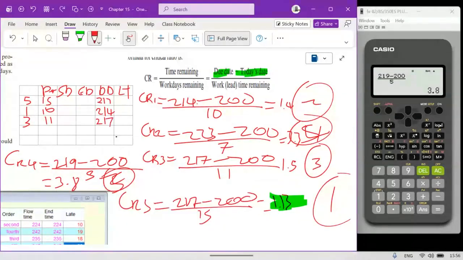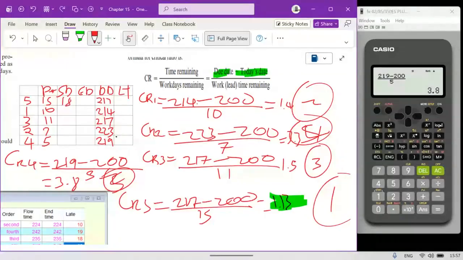And what is your number 4? Your number 4 is number 2, which is 7 and 2/23. Then number 5 is number 4 with 5 days to complete the project with 219, and the start date is 180.